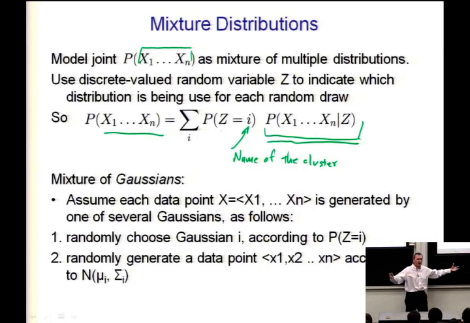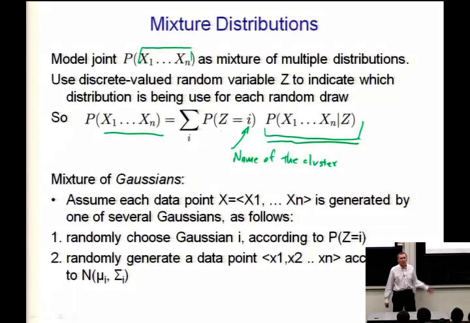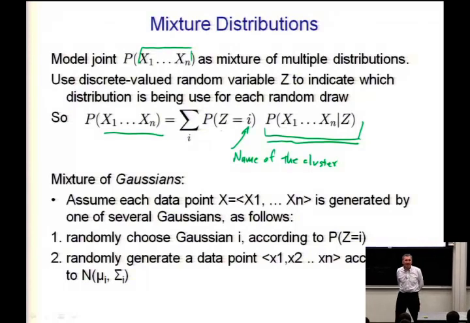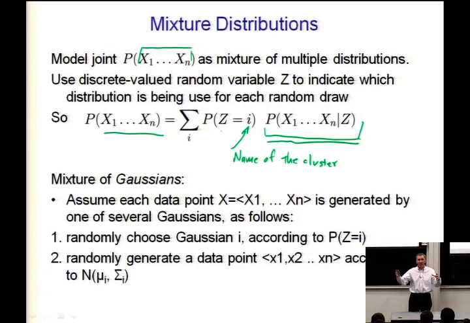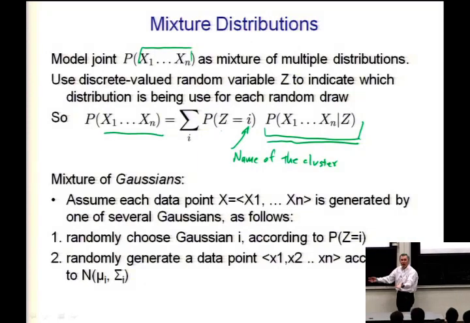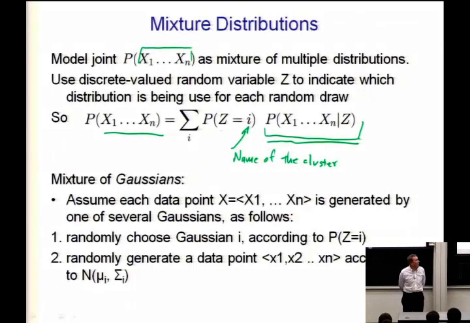However many clusters we want to say we have, that'll be how many values we allow z to take on. And some of those clusters may have more data points in them than others, and we'll let that be reflected in the probability of z taking on a particular value. More populated clusters will have a higher p of z.